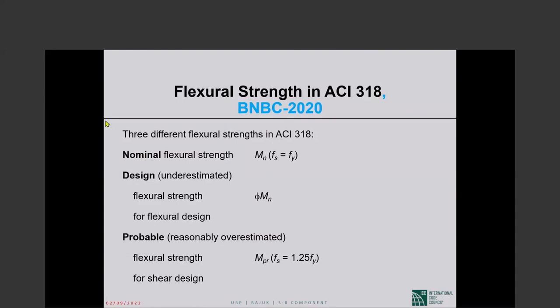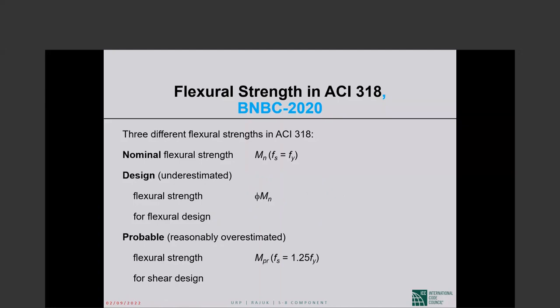And very importantly, assuming that the tension reinforcement yields, the tensile reinforcement stress is equal to yield strength. That is nominal strength, M sub n. In flexural design, we do not count on the entire nominal strength. We discount it by a strength reduction factor phi. Phi times M sub n is called design flexural strength.